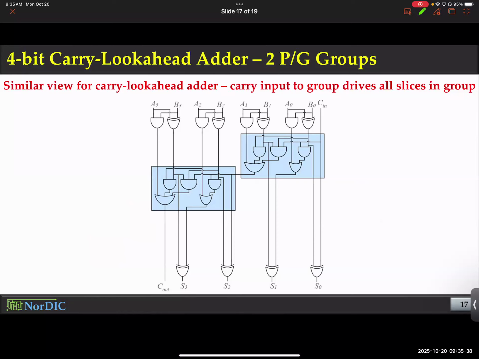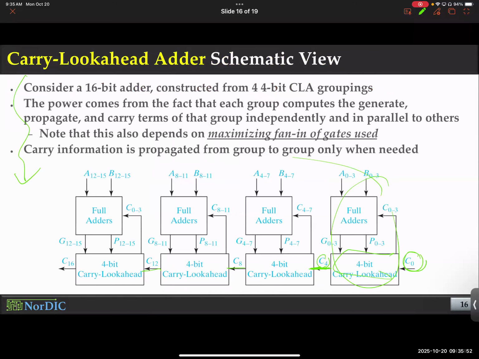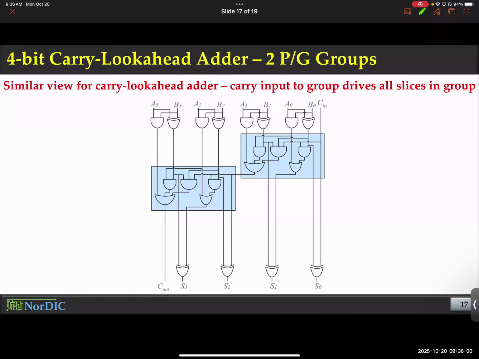So considering that, this is a more realistic scenario of how it looks. And this is dealing with 4 bits. Notice A0, A1, A2, A3. This is the first carry that you provide, C in. Notice that. This is just another view of this slide. But instead of showing you 16, which would be overkill and would not fit in the slide, we are looking at a 4-bit scenario. Imagine in a 4-bit scenario, you have 2-bit carry look ahead blocks.